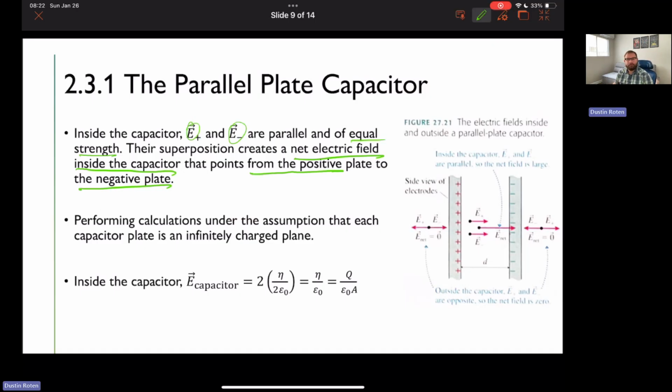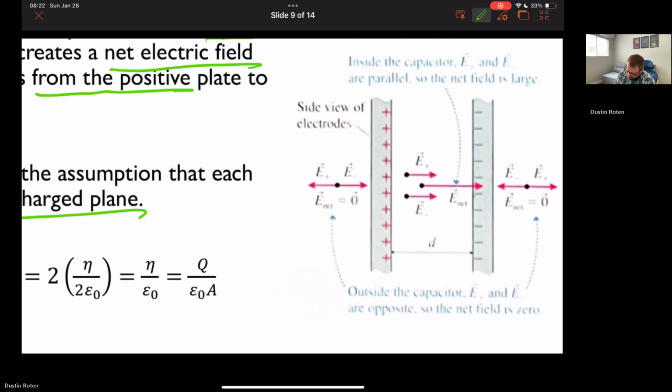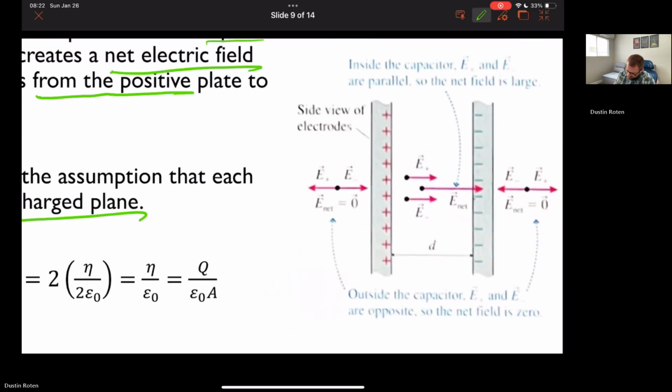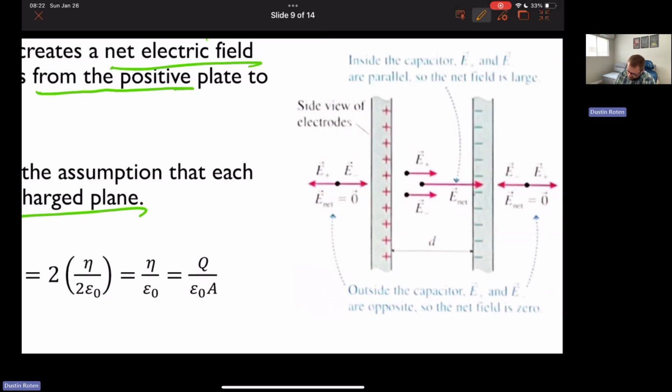And we can think about this under the assumption that these plates are infinitely charged planes. So let's see what happens here. Let's look at the electric fields of this positive plate. Remember, positive radiates outward.